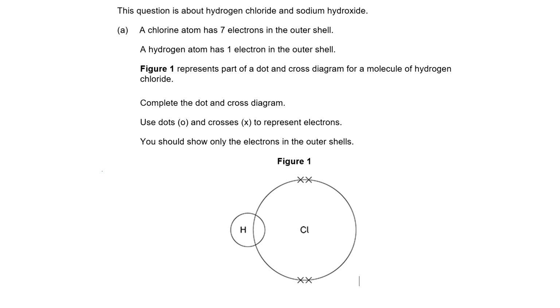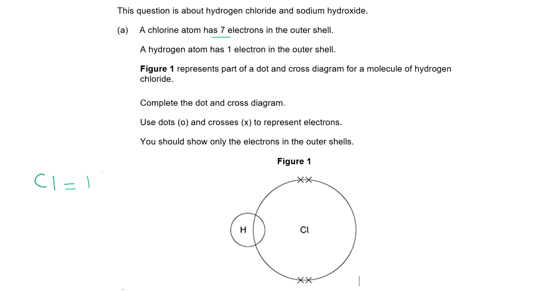If we first look at chlorine, we can see in the question it tells us it has 7 electrons in the outer shell, and we can work that out anyway, even if it doesn't give you in the question, because we know it's in group 7, so therefore it has 7 electrons in its outer shell. In order to achieve a full outer shell, it just needs to share 1 electron with hydrogen.